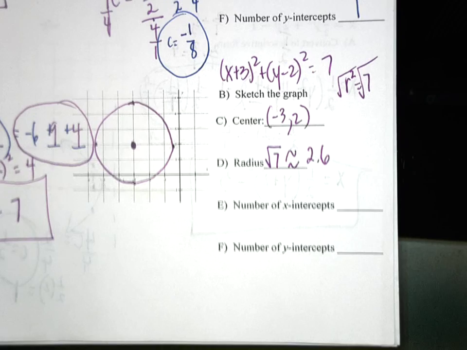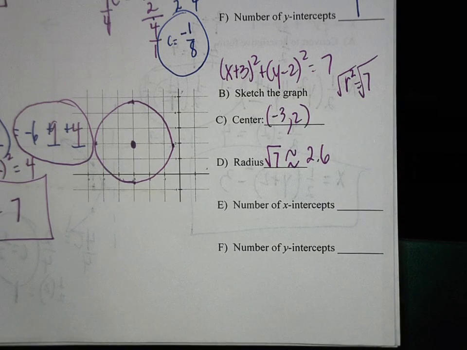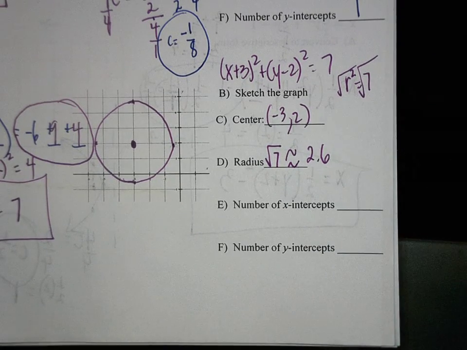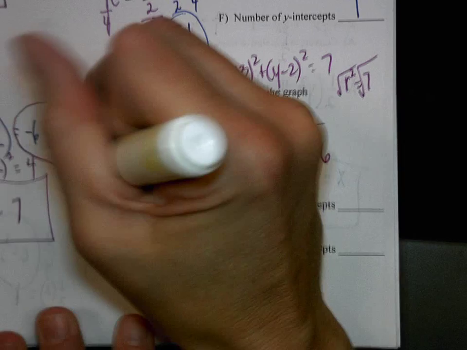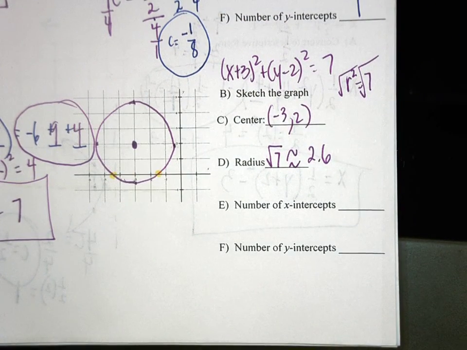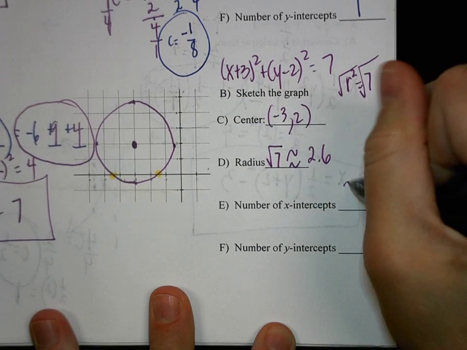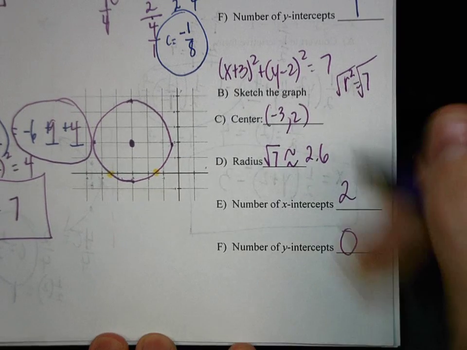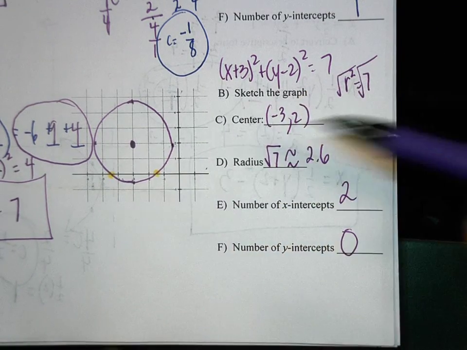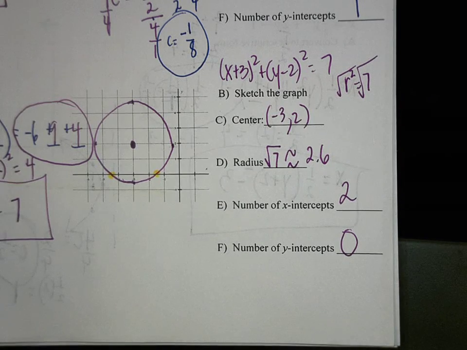How many x-intercepts do you see? 2. Good. Do you guys see these right here? So it crosses the x-axis here and here. So that makes 2. How many y-intercepts? 0. It never touches the y-axis because it's 2.6. It's not to 3. It'd have to be at 3 for it to touch the y-axis. All right, any questions?